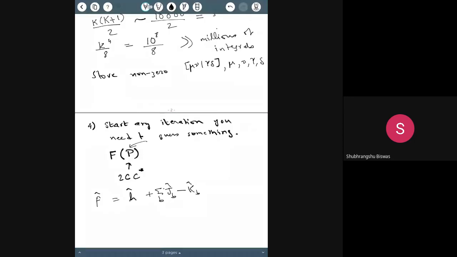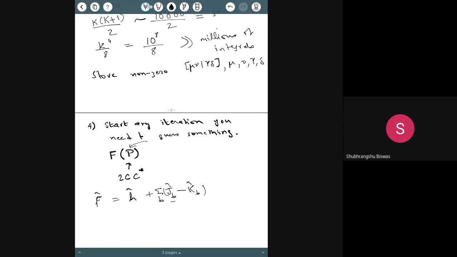And because the two-body part involves the molecular orbitals, the Fock operator becomes dependent on the MO coefficients and hence the density matrix.